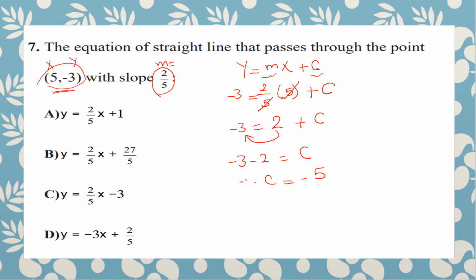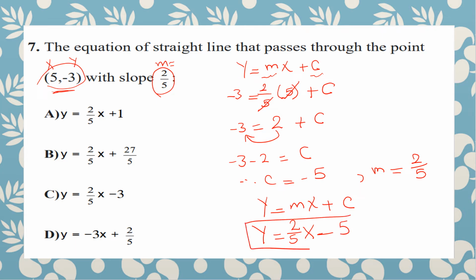By substituting the value of c and m, which equals 2 over 5, in the equation of the straight line, y equals mx plus c, this gives us y equals 2 over 5 x plus negative 5, which is minus 5.